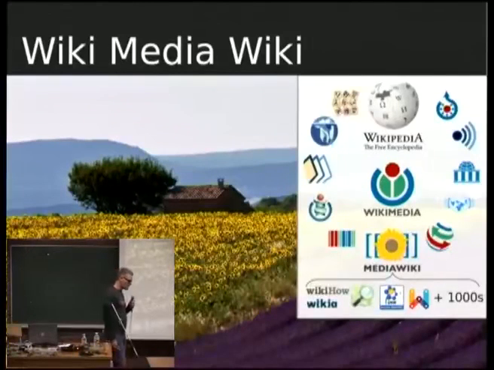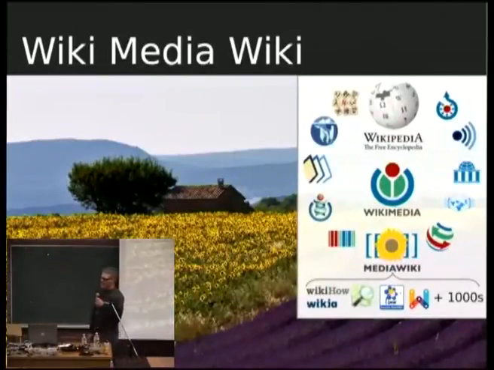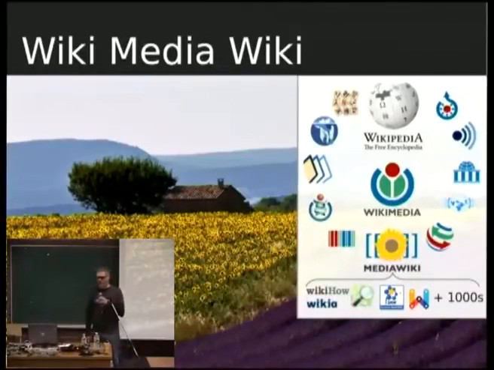One thing is this mission of sharing free knowledge for everybody, and really everybody. Another one is that all those use the MediaWiki software underneath to provide the functionality you need to create content, edit collaboratively, and all kinds of stuff.